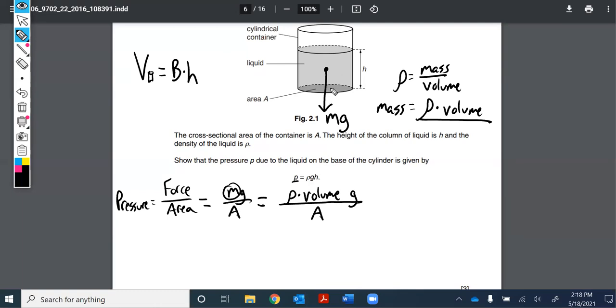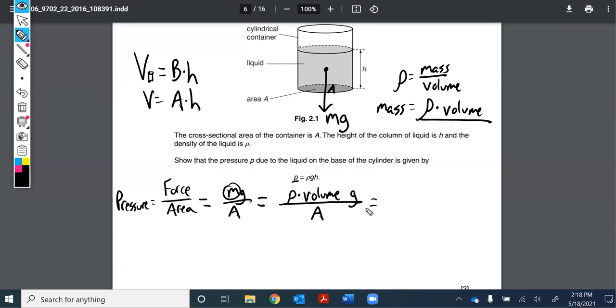We're given the area of the base is A, and the height is H, and so the volume of this cylinder of liquid, right? It's not the entire cylindrical container, but just the liquid that takes the shape of that container, only to a height H. So we'll substitute in for volume the area of the base, which is capital A, times the height. And so that's what the volume is equal to.